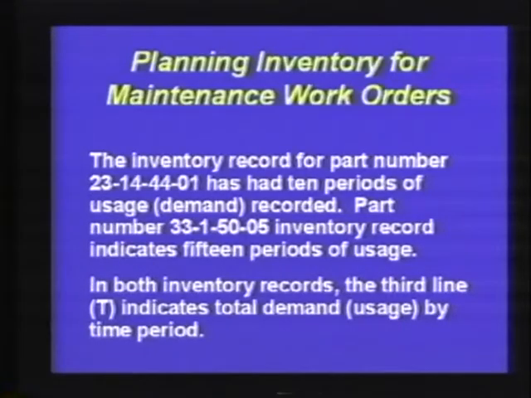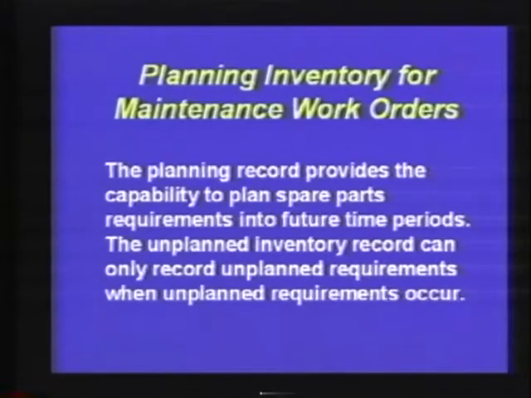And the last paragraph again indicates that the planning record provides the capability to plan spare parts requirements into future time periods. And that's what I've just gone through. That's going to be the input into inventory reduction. The unplanned inventory record can only record unplanned requirements as they occur.